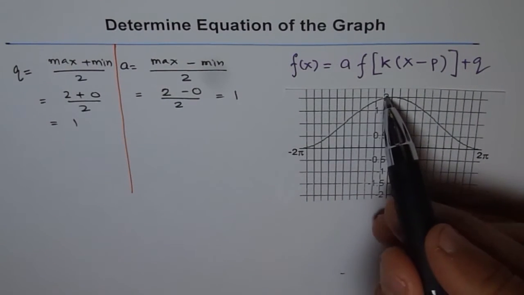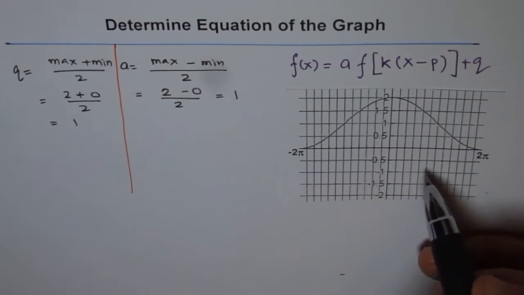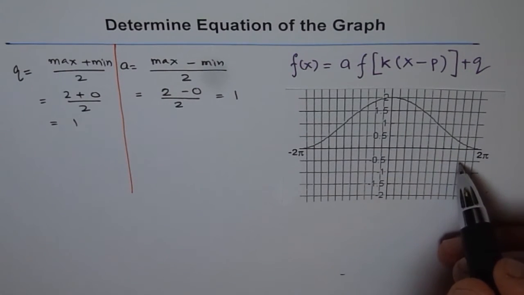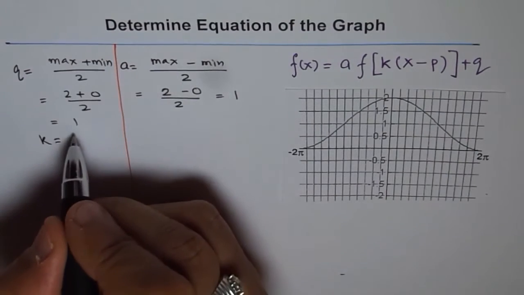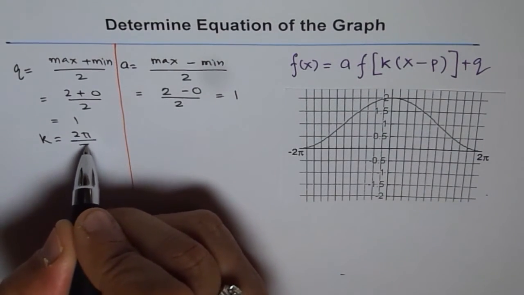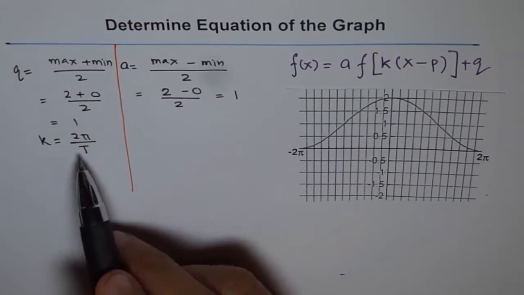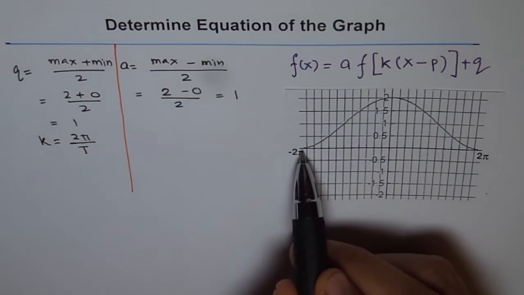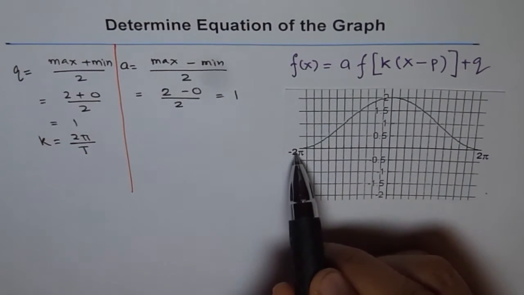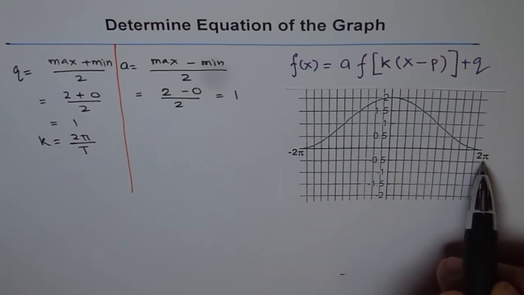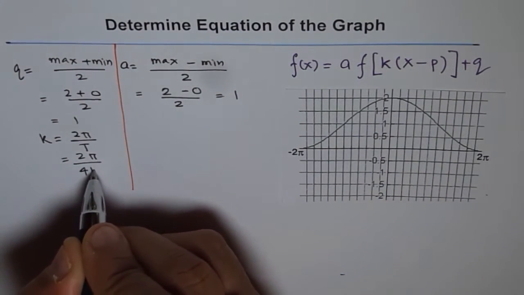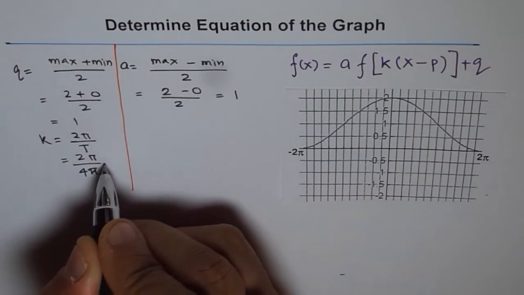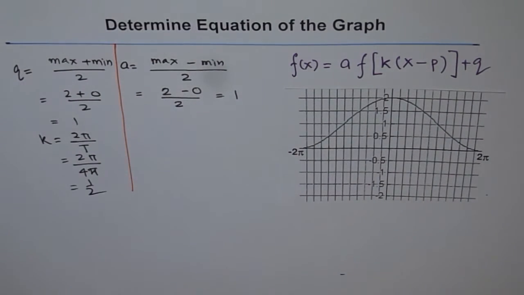Another way to find k is that k is related to the time period: k is 2π divided by the period T. The period is the length of one full cycle. We can see here one full cycle is from −2π to +2π, which is 4π. So k is 2π divided by 4π, which gives us a value of half. As expected, k is half.